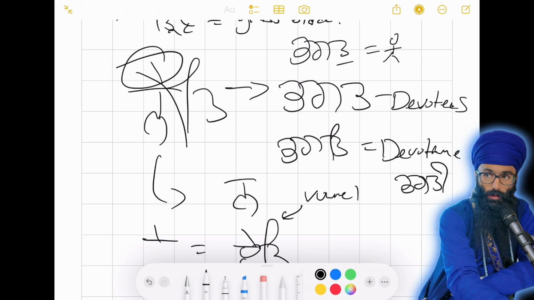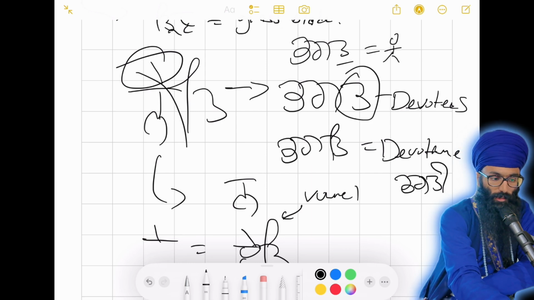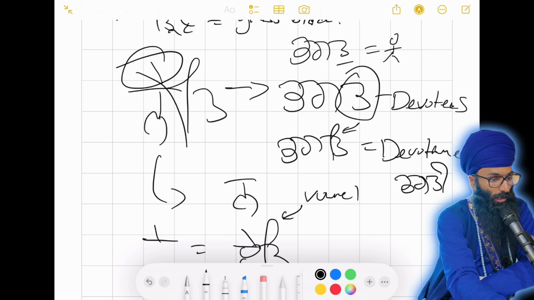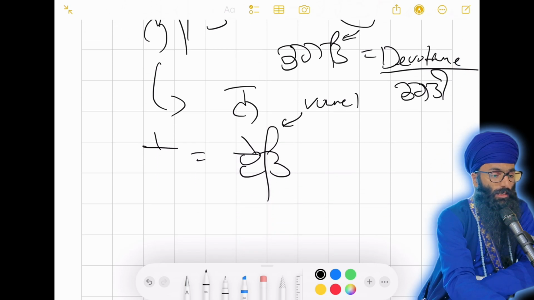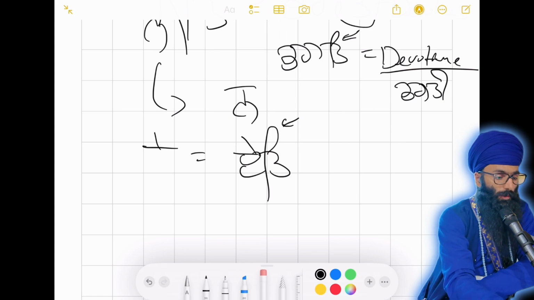If it's mukta at the end, it's plural, devotees. If it's a sihari at the end, it's an action, a verb. Kiriya, it's called in Punjabi. It means devotion. Here, it's a vowel. It's a verb.